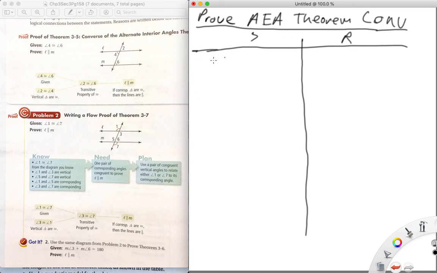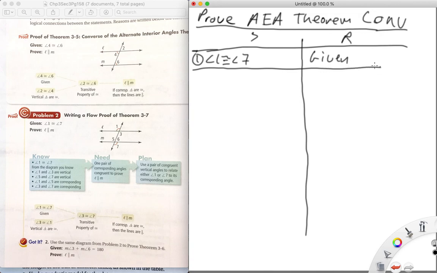This is the proof of alternate exterior angles, but I can't use alternate exterior angles to prove it. So angle 1 is congruent to angle 7. They give it to us.